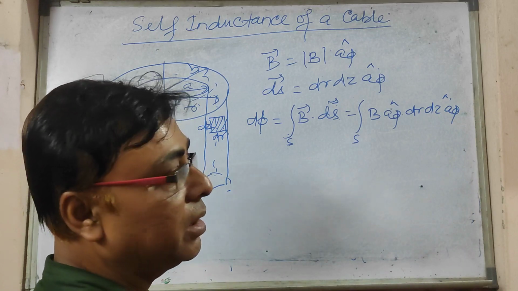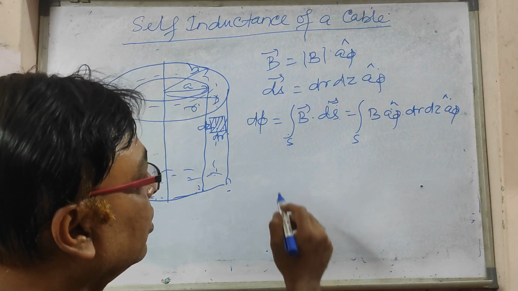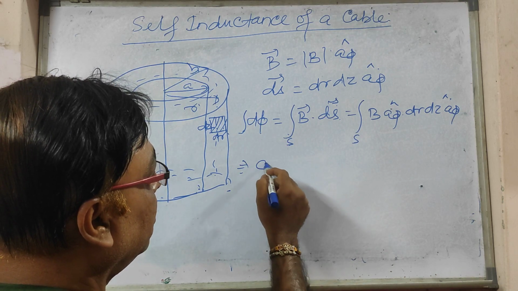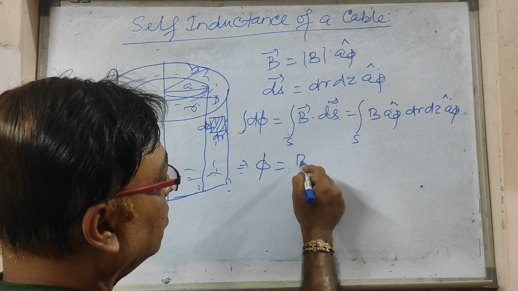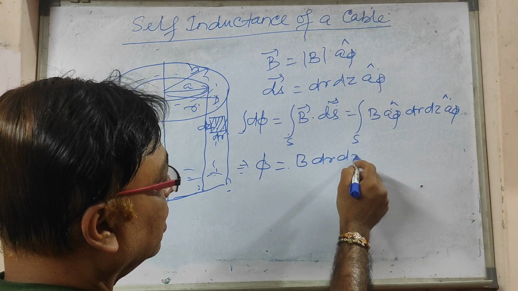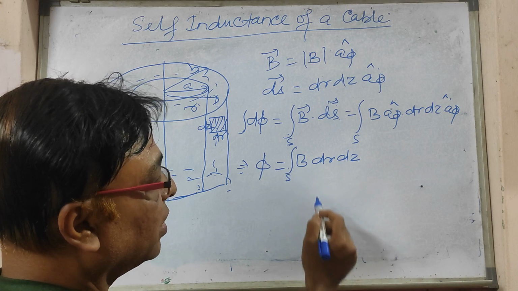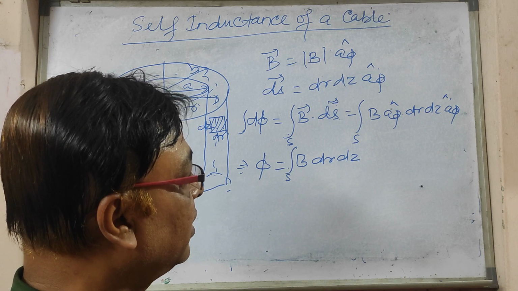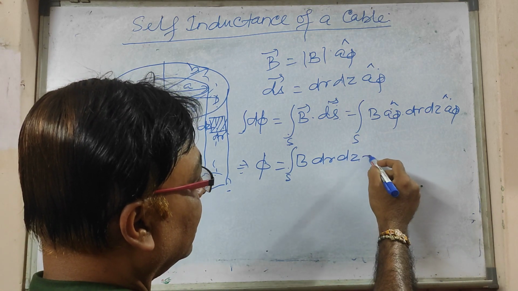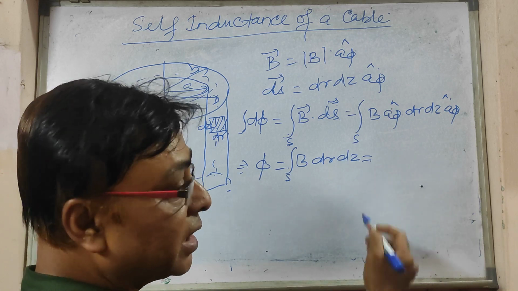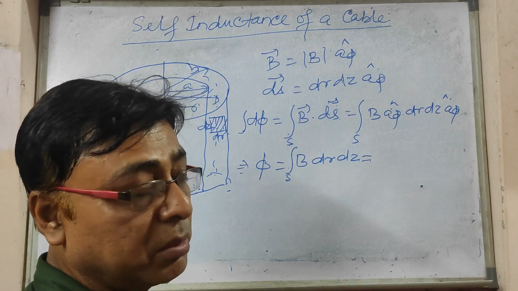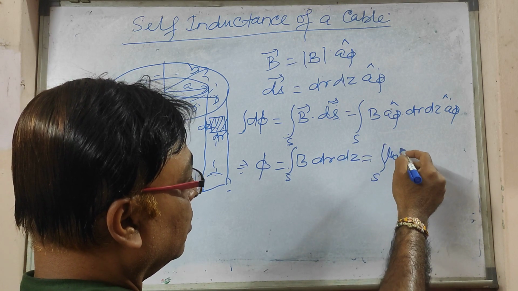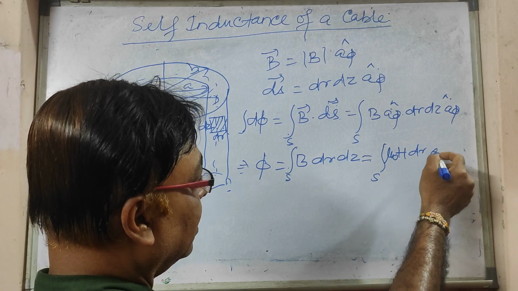As you know, a_phi dot a_phi is 1, so integration of d phi will be phi, and it will be the integration of B dr dz. This will be a surface integration, a double integration, as the variation is along the r direction and z direction. Now B is mu h, and if the medium is air, it will be the surface integral of mu 0 h dr dz.